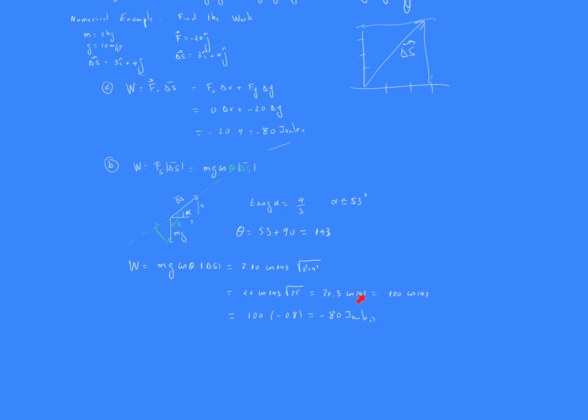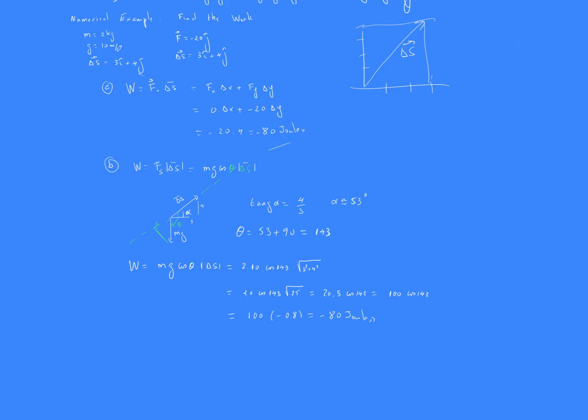But cosine of 143 is for an angle bigger than 90 degrees, so it is negative, about minus 0.8. So 100 multiplied by minus 0.8 is minus 80 joules. And you have exactly the same answer that you had before, minus 80 joules.